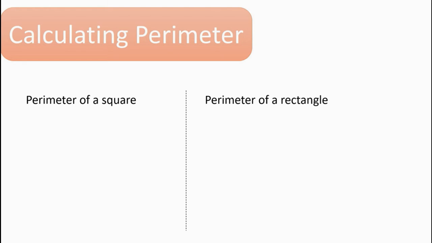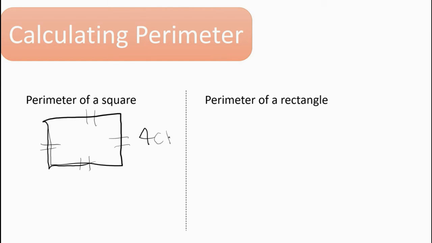So the first formula we are going to have a look at is the perimeter of a square. For example, I'm going to draw a rough square. It doesn't have all sides equal. Now if one side has a measure of 4, then all the sides will have the measure of 4. I'll write centimeter.